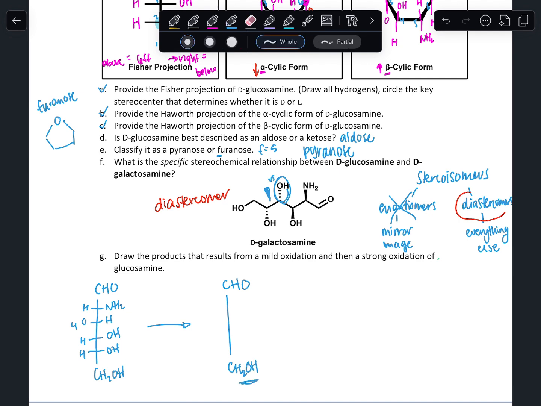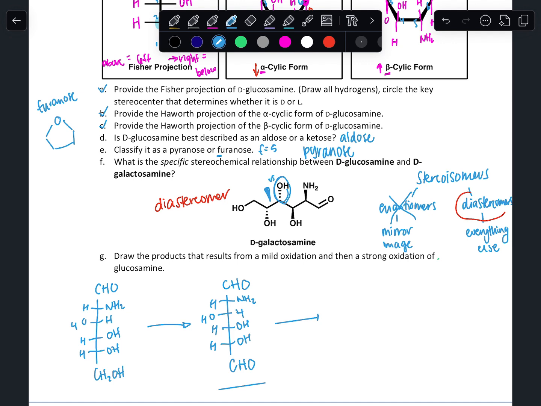We have an alcohol right here that we could turn into an aldehyde, and that would lead us to this structure.